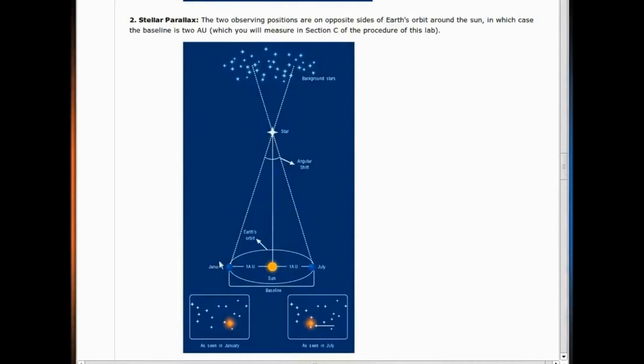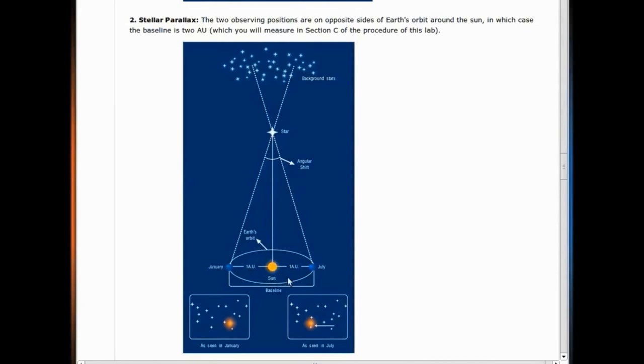So we could take an observation in January, then wait six months until we've gone halfway around our orbit, sometime around July, and take another observation. Now our observations aren't simultaneous, but we took one here, waited six months, and took another one over here. Now we can look at a much more distant object because we have a much larger baseline than just the size of the Earth. In fact, our baseline now is the diameter of the Earth's orbit.